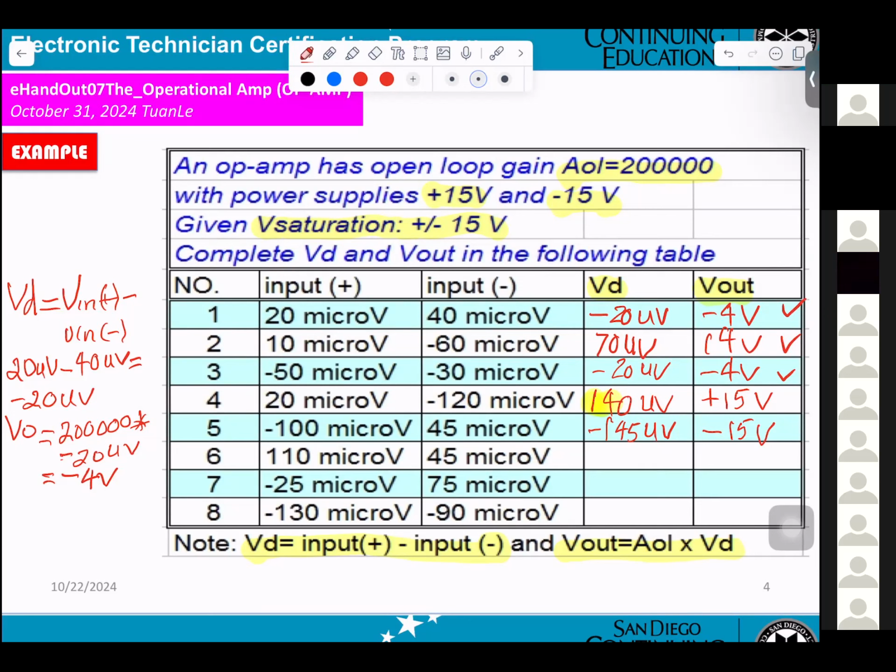So did you get 65 for VD? Perfect, 65. And then that's times 2, 1, 2, 3, 4, 5. And then 13. 65, yeah, and 13 in the other box. 13, yeah. Okay. Now we're on number 7.